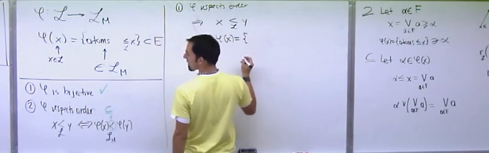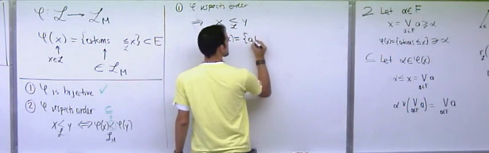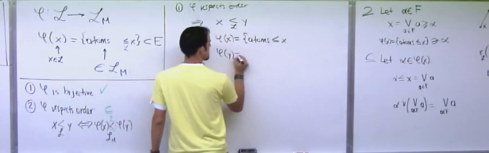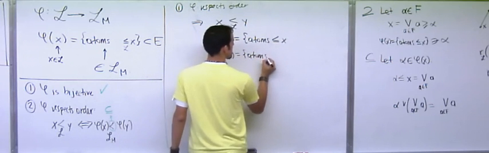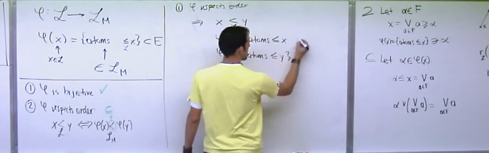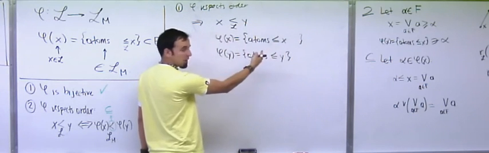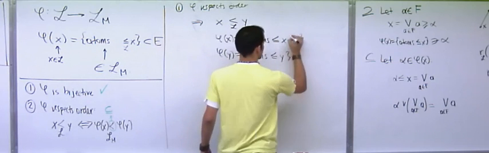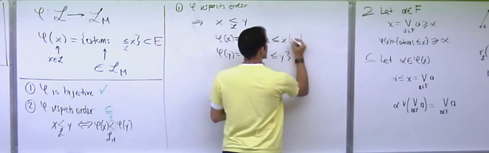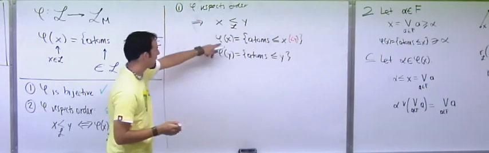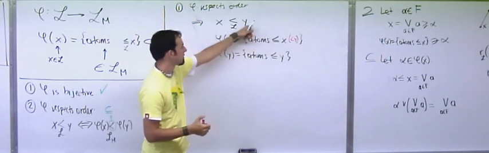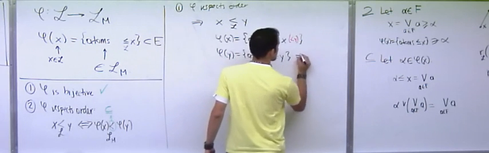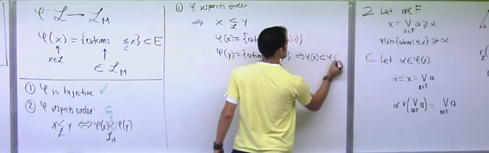Well, by definition, phi of x is the set of atoms less than or equal to x, and phi of y is the set of atoms less than or equal to y. But if an atom is less than or equal to x, then it's also less than or equal to y. So anything that is an atom less than or equal to x is going to be less than or equal to y, and therefore phi of x is contained in phi of y.